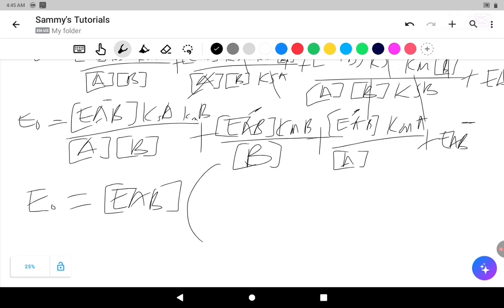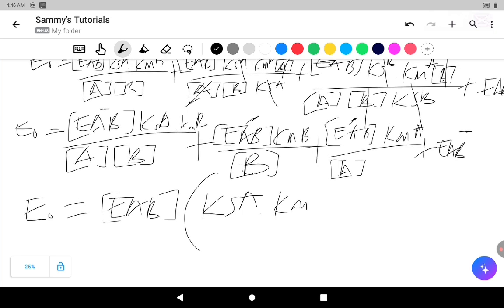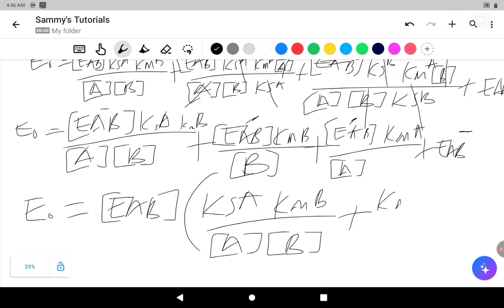Now EA has been factorized out, so what you have is the other component. And how do you write that? You simply say, okay, this is equals to KSA, alright, times KMB all over A, B, plus just KMB over B, because I factorized out the other one.